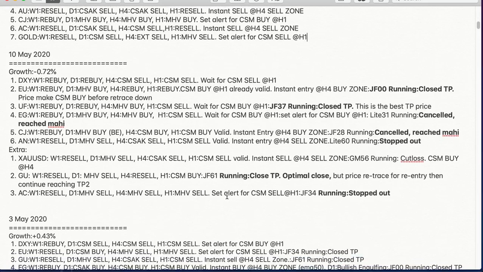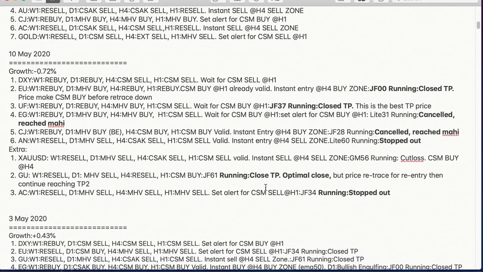For the trading week from 11 to 15 of May, our growth was negative 0.72%. The loss was mainly attributed to the stop outs that we had. One is in gold, where we cut loss, and also we had stop outs on AUD CAD and AUD NZD.